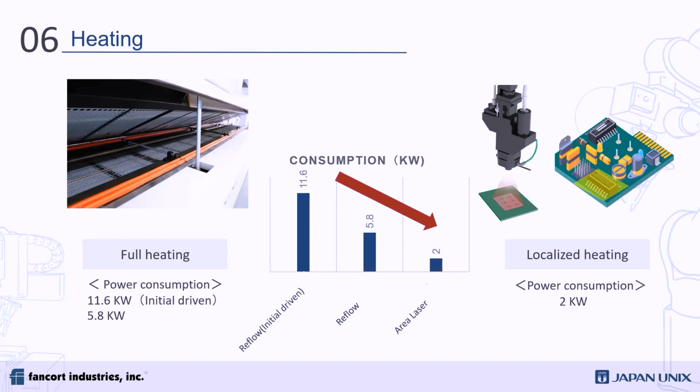And then when it goes to reflow, it's right in the middle of that wattage. So with the area laser, you're going to save a lot of energy and power consumption.